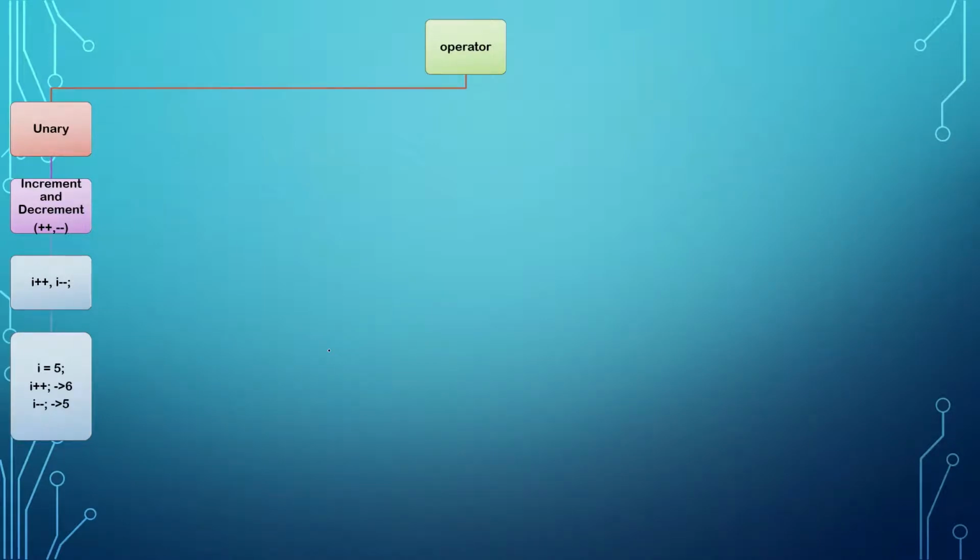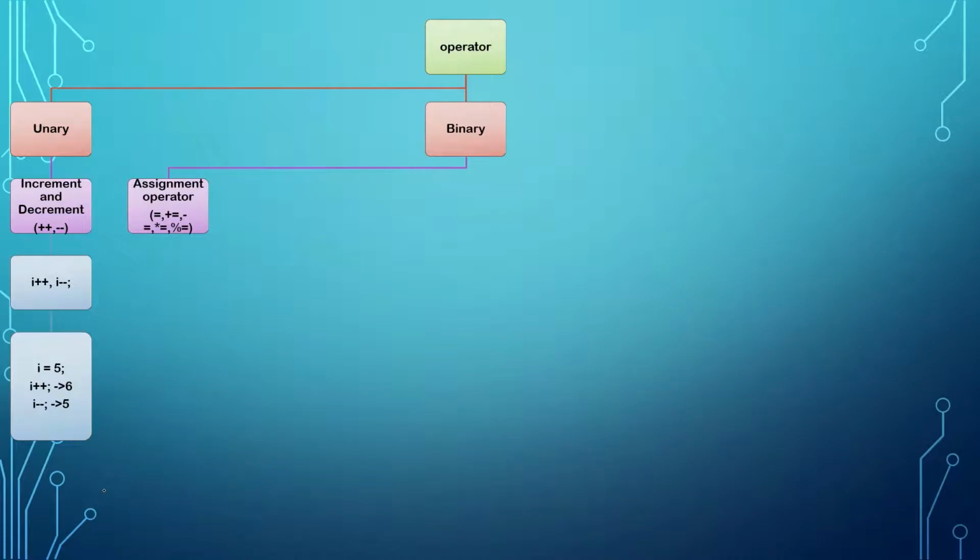Now the i value will be 6. i minus minus decrements the value by 1 and stores it in i. Now 6 is the value; when you decrement 1, it is 5, stored in i. So this is the unary operator. A unary operator operates on a single variable. Next is the binary operator. A binary operator operates on two different variables.